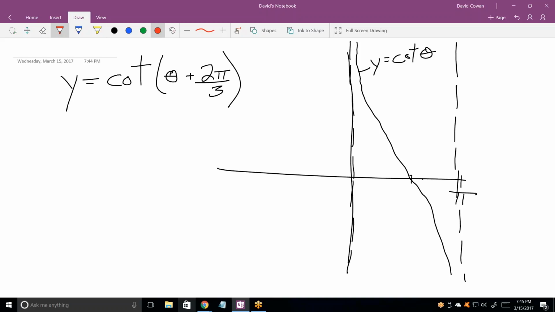Remember that it's always x minus c, and if c is a positive number, I go to the right. If c is a negative number, I go to the left. Here, c is actually a negative 2 pi over 3, because this is the standard x minus c, just like everything else.